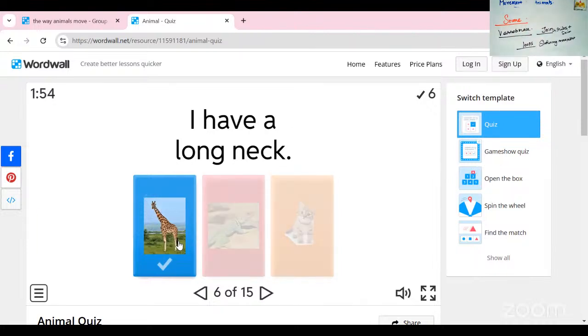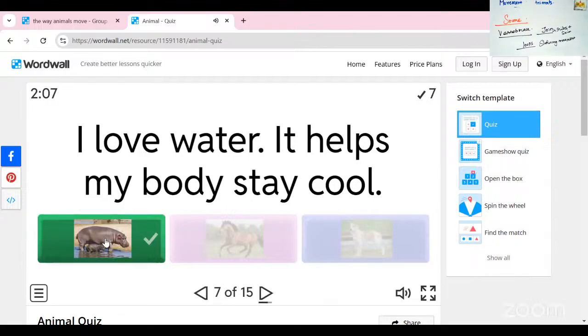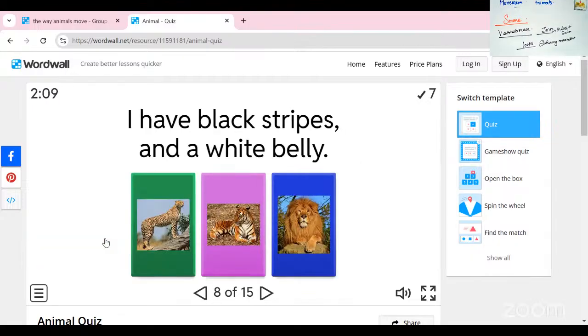Okay, next question: I love water. It helps my body stay cool. Who is that? The first one. So the right animal is the first one. I have black stripes and a white belly also.